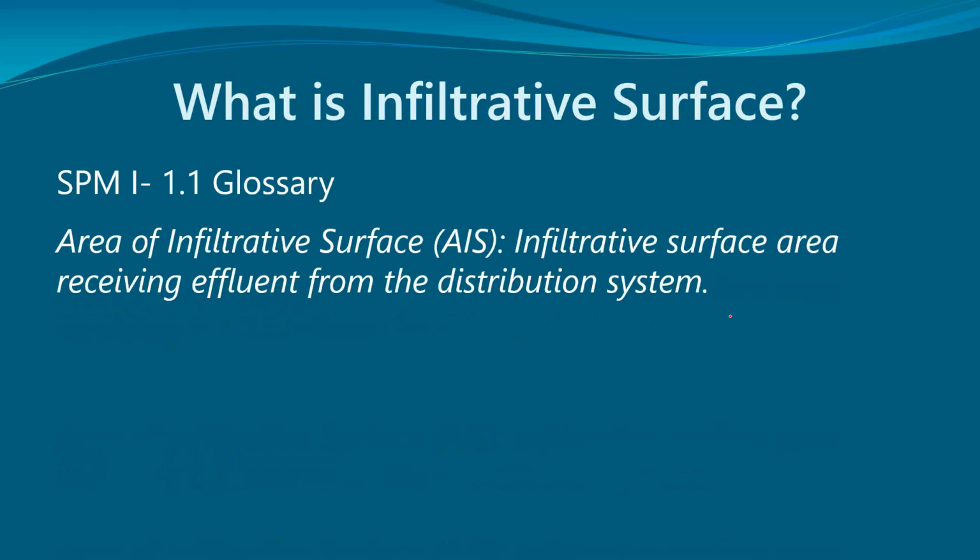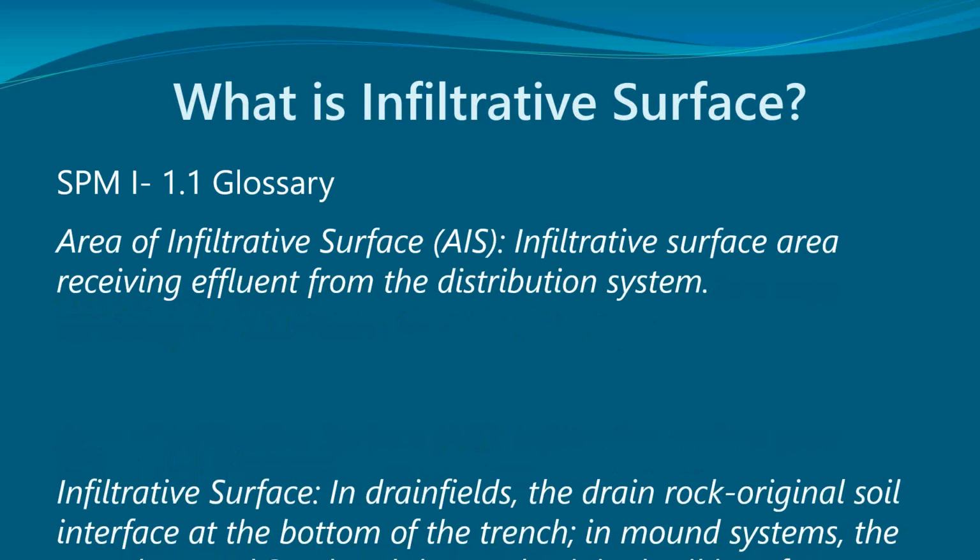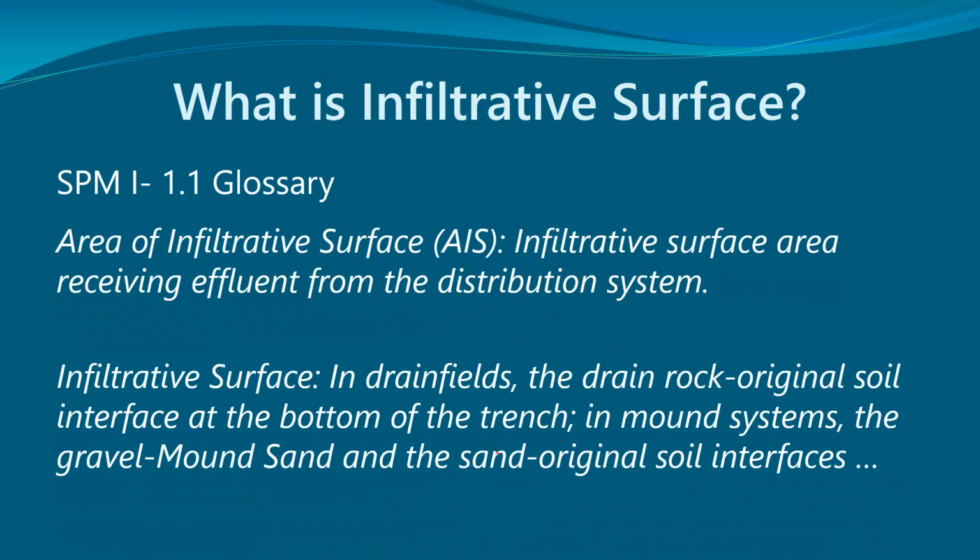So AIS is the infiltrative surface area receiving effluent from the distribution system, or to put it differently, in drain fields, the drain rock original soil interface at the bottom of the trench or the bottom of the seepage bed or whatever, that's the infiltrative surface. Base of the trench, underside of the drain rock, or chambers. Right? So that's one version.